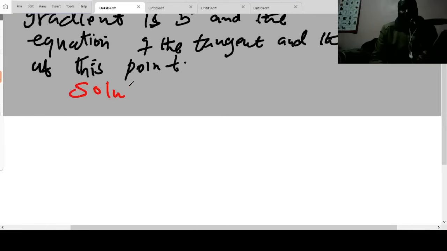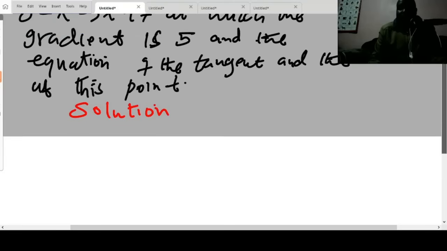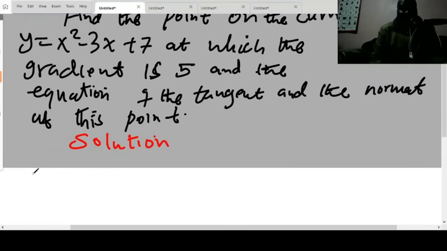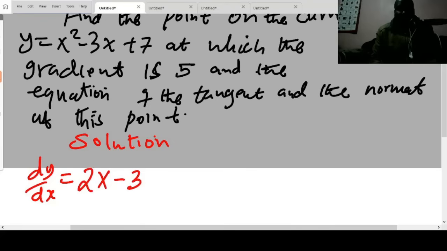Solution. So we have, let us get the gradient function. dy over dx is equal to 2x minus 3. Was it 3 square or I made a mistake? Yeah, it is okay.